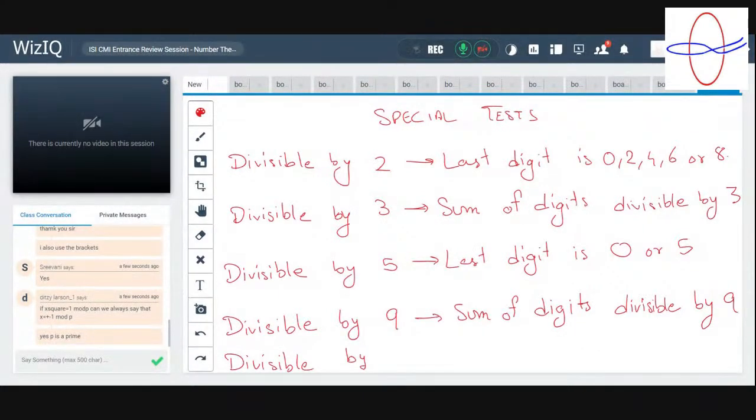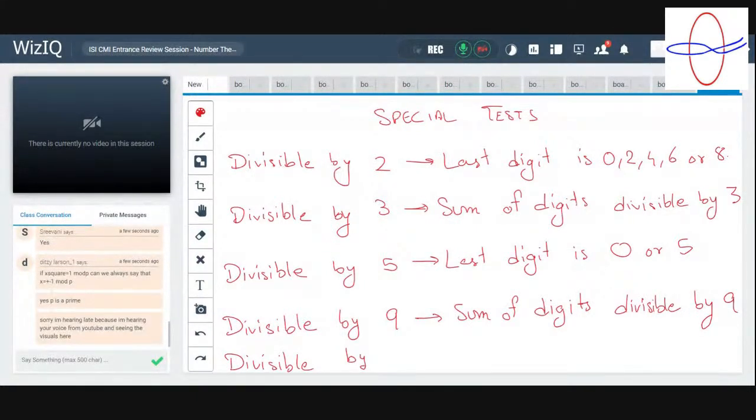can n square minus 1 ever be a prime? So your claim is that x square minus 1 is some prime multiplied by some constant, so x minus 1 times x plus 1. Okay. Oh, okay.